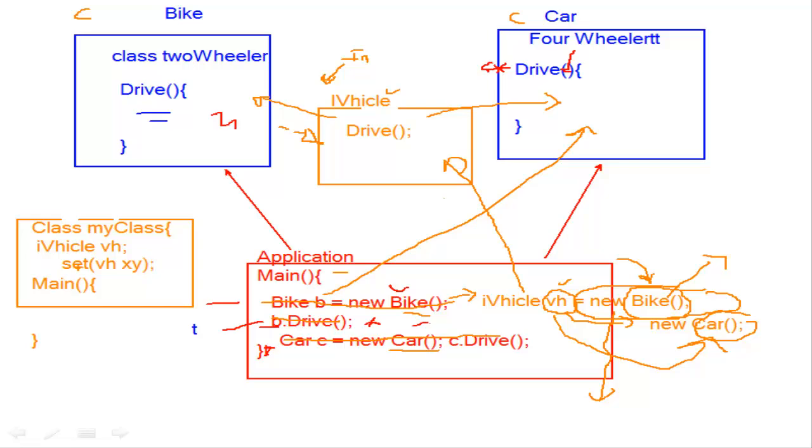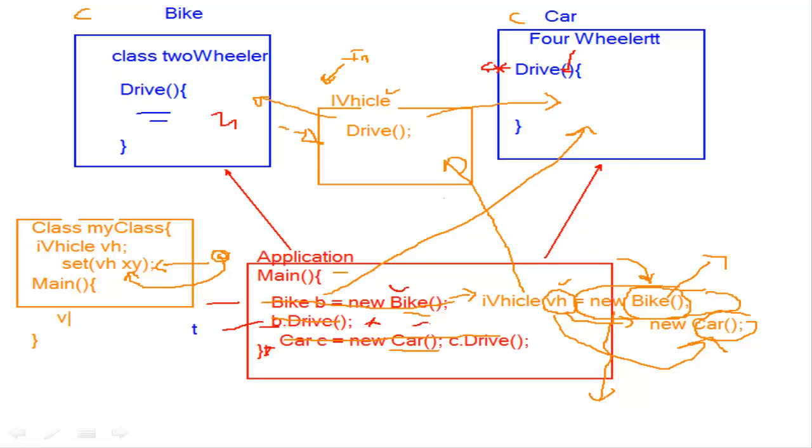So what you are saying is there is a setter method. Somebody has to create that object. I don't know which is that x, y, z. Somebody will create that object and will set that object to me, or in other words, will give that object to me. And then I am going to drive that object.